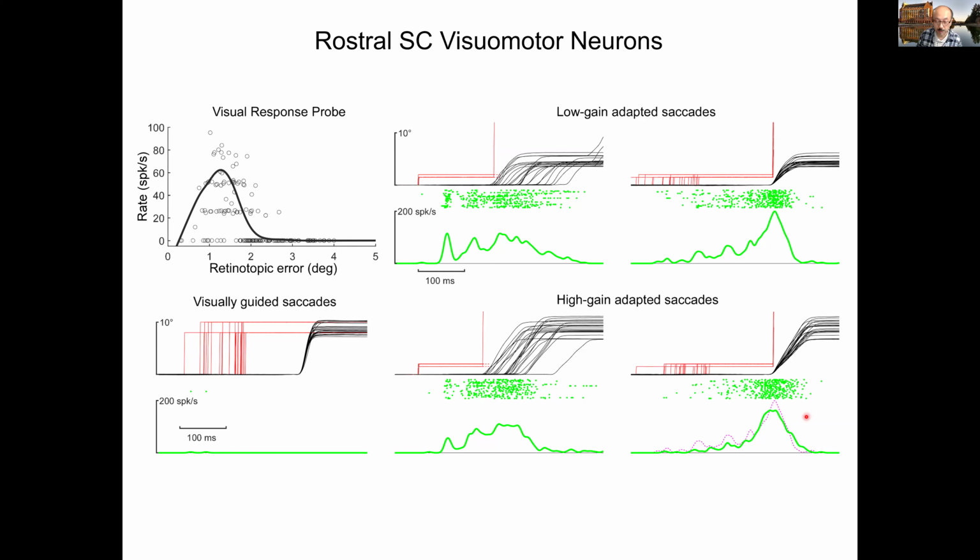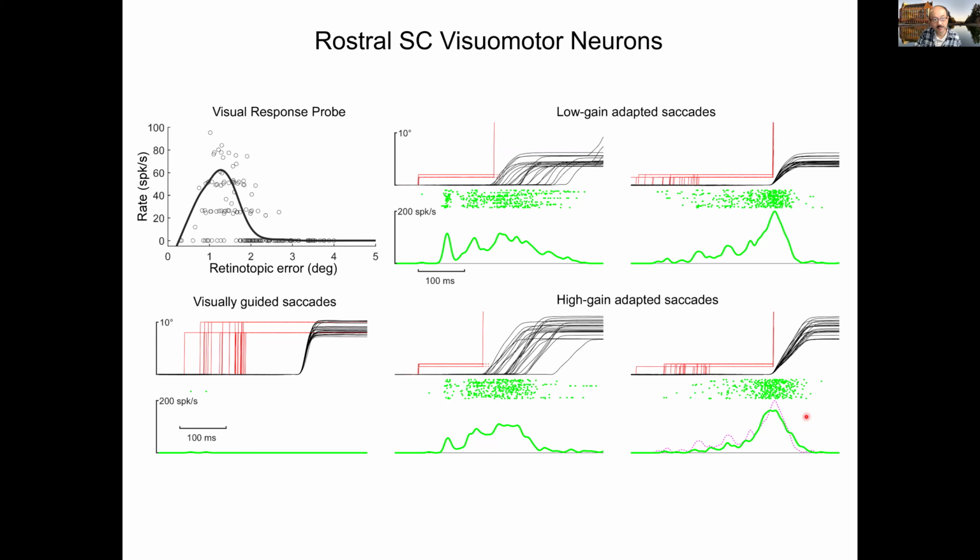This is probably expected because the saccade has a longer duration. So we confirm our first hypothesis that the rostral collicular neuron bursts for both low and high gain adapted saccades. Now what happens with the population of neurons?